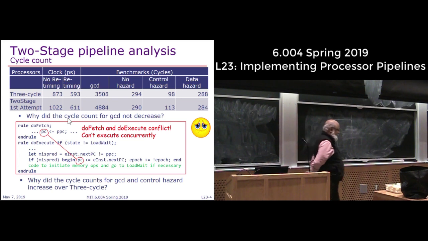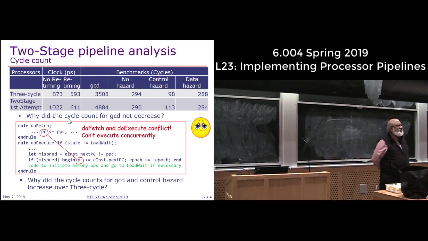Think of it like this. In the multi-cycle case, you never have a wrong PC. You take multiple steps to do an instruction, but whenever you go back to fetch, you always have the right PC. So there is no such thing in the multi-cycle design as doing a wrong-path instruction, right?